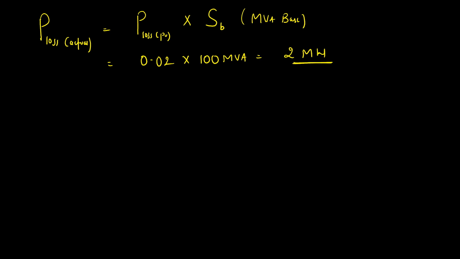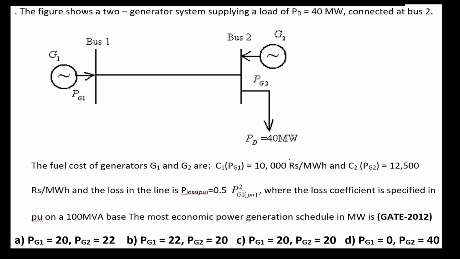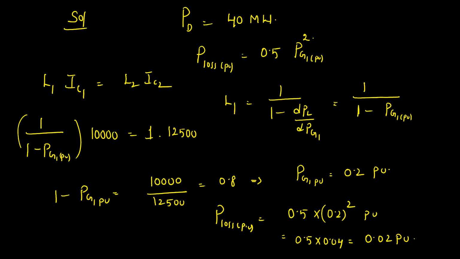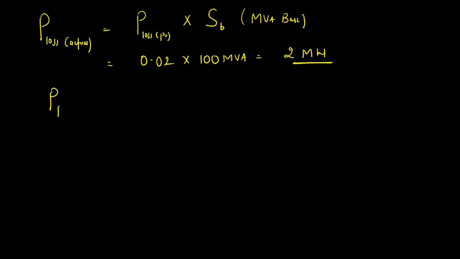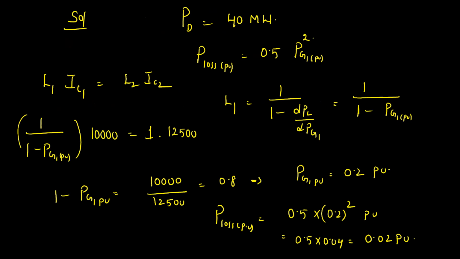So now, how much should be the generation? The total generation P1 plus P2 should be equal to PD plus PL, which is equal to 40 plus 2, that is 42 megawatt. So in this condition, the power loss is 2 megawatt.